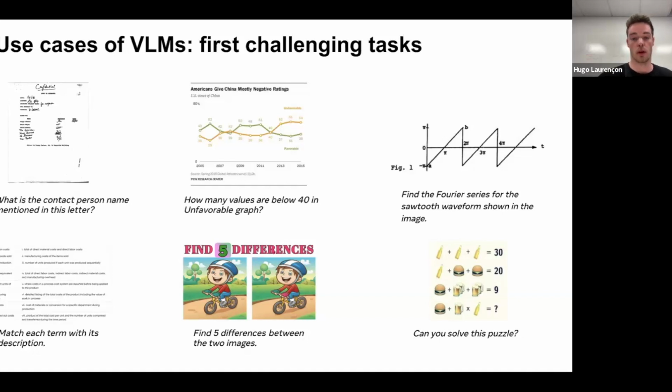Or you can have a figure where you first need to read the text in this figure, understand the different curves and the different numbers, and compute the final answer for a certain question. You could also solve scanned math exercises or equations just with a picture, or find the differences between several images.